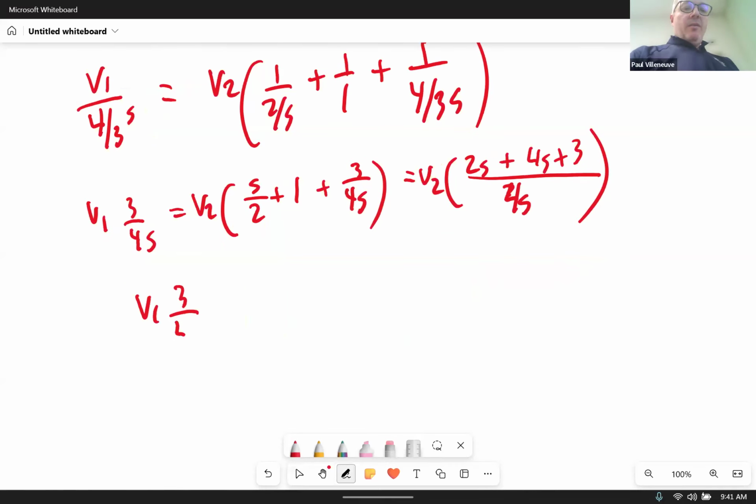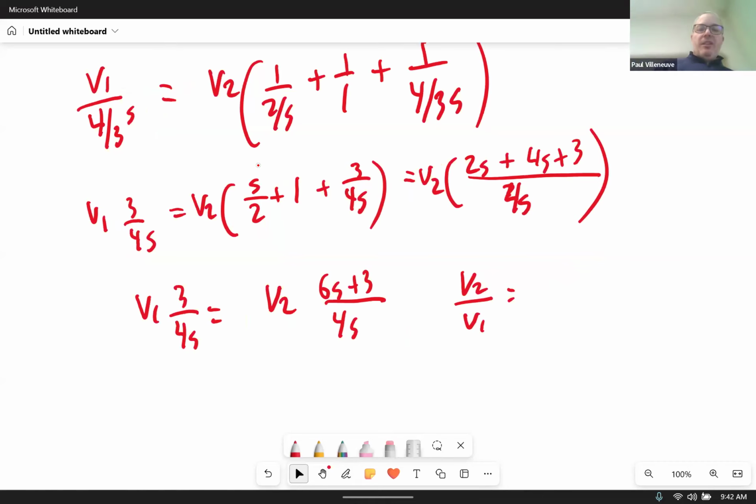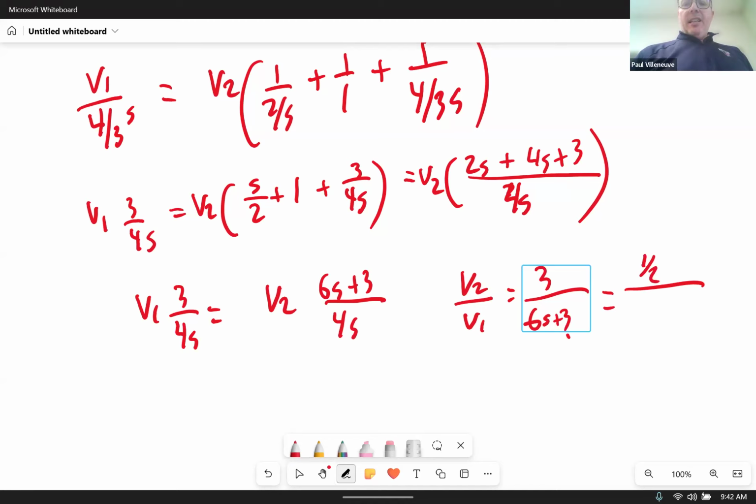V1 times 3 over 4S is going to be equal to V2 times 6S plus 3 all over 4S. So V2 over V1 is going to equal 3 over 6S plus 3, which is equal to 1/2 times S plus 1/2.